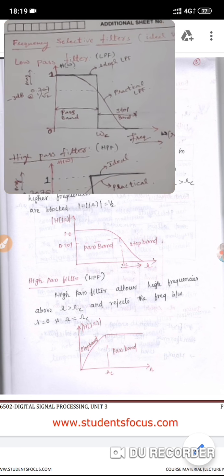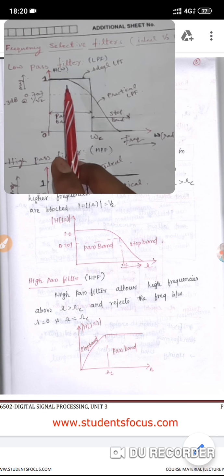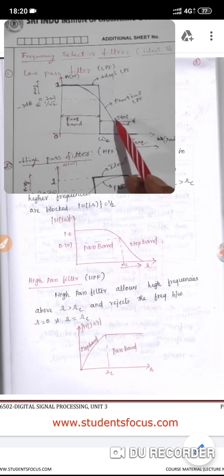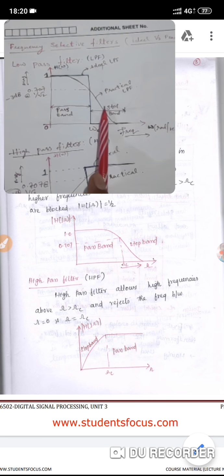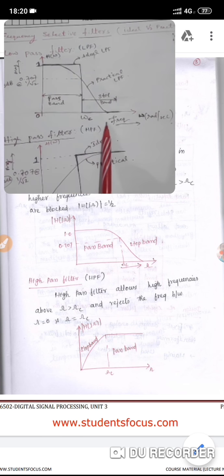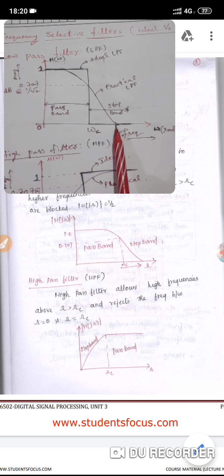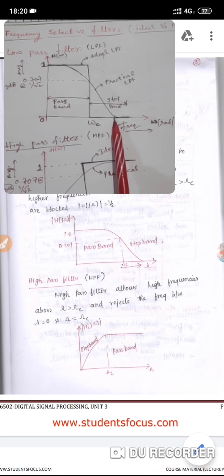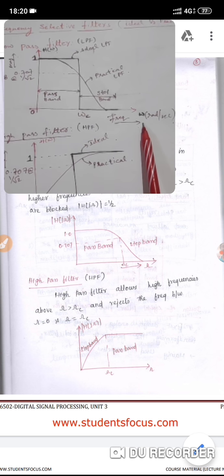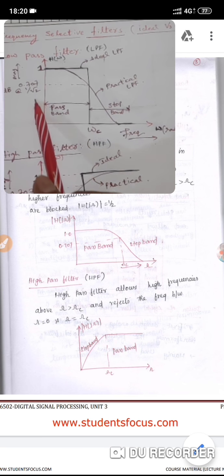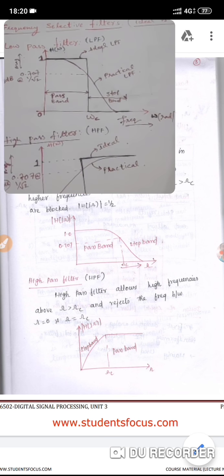From here you can see that the blue line shows the ideal characteristics, and the red line shows the practical low pass filter characteristics. On the x axis we are taking frequency, and on the y axis the magnitude of the filter.